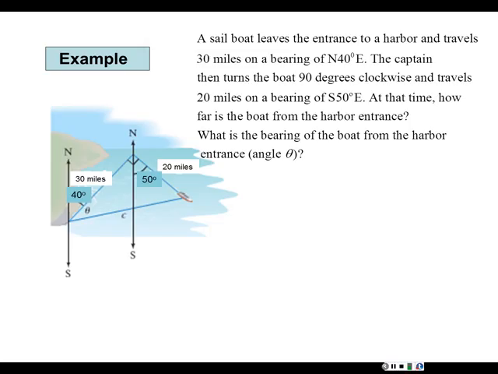How much did you get? 33 point... That is in degree.